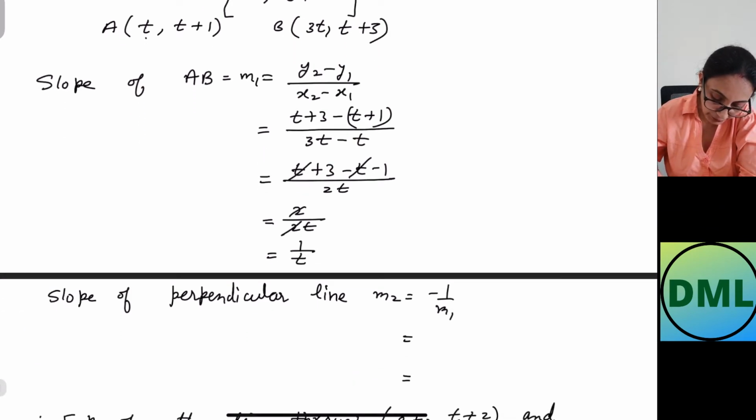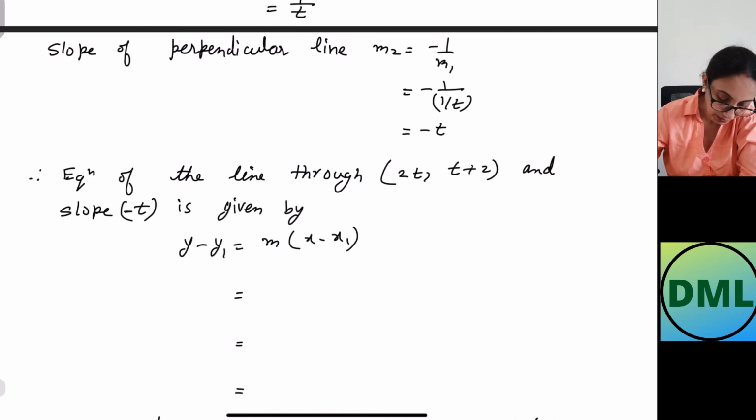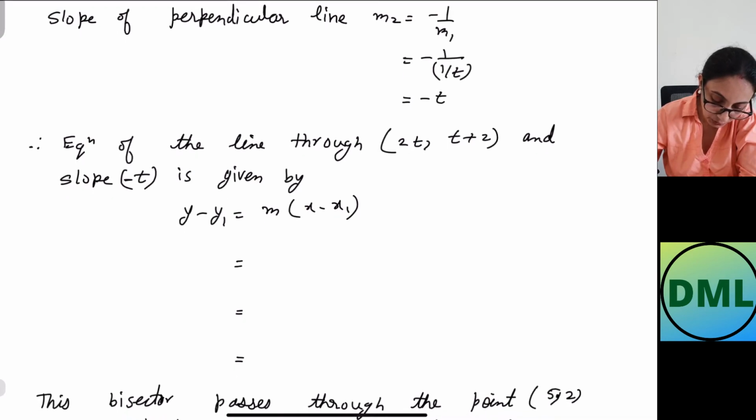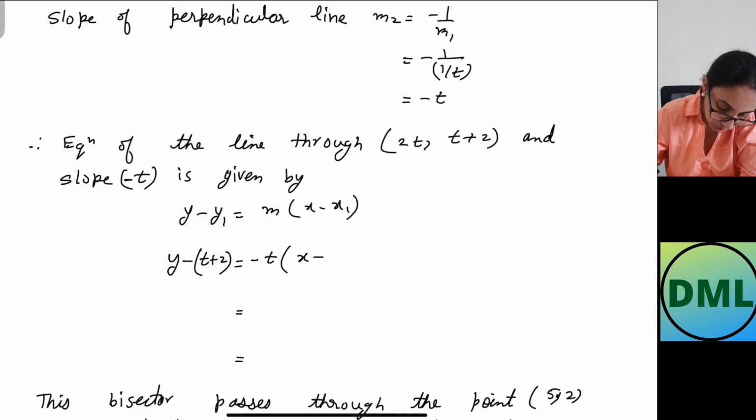Now the slope of the perpendicular line, m2, is given by minus 1 over m1. So minus 1 over (1 over t). So it will be minus t. Now the equation of the line through (2t, t plus 2) and slope minus t is given by y minus y1. So let's substitute the values here. y minus y1 is (t plus 2), slope is minus t, and (x minus x1), x1 is equal to 2t.